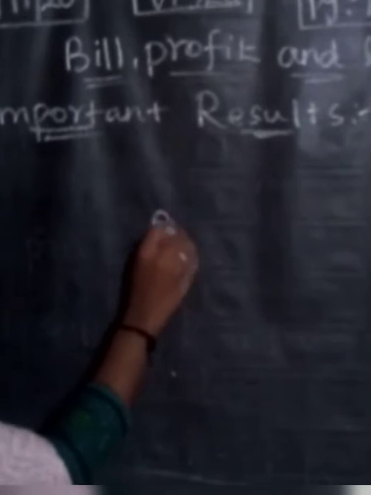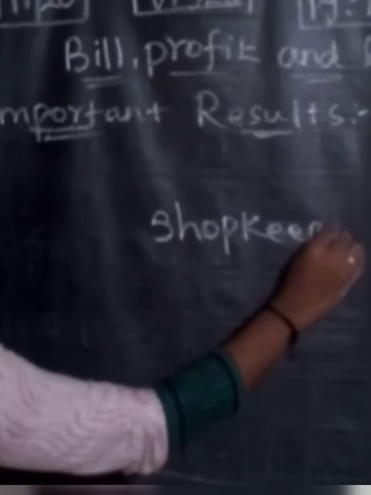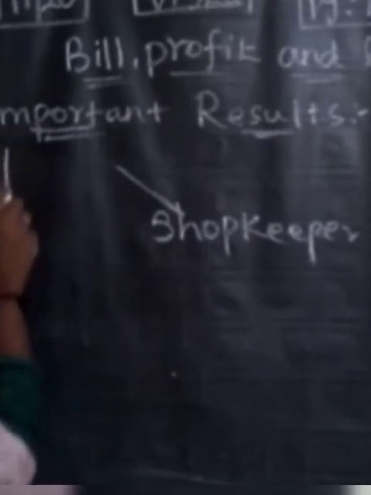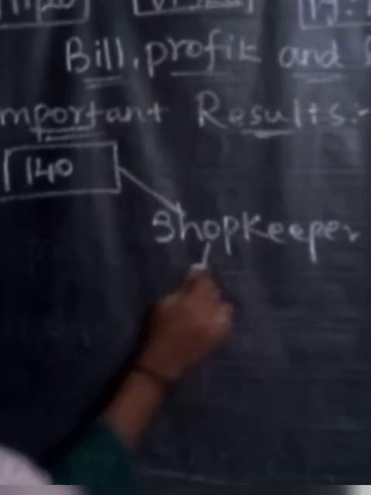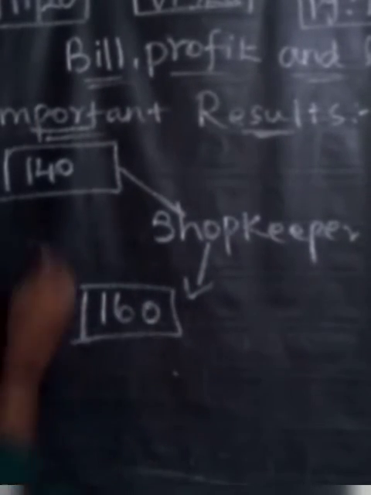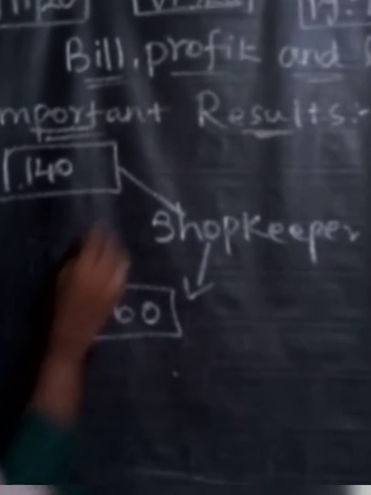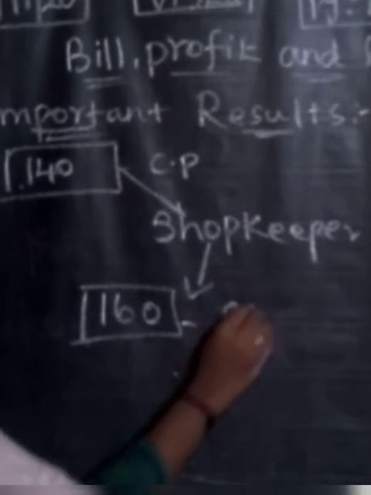For example, the shopkeeper buys the product for rupees 140. He sold this product for 160. Here 140 is the cost price and 160 is the selling price.